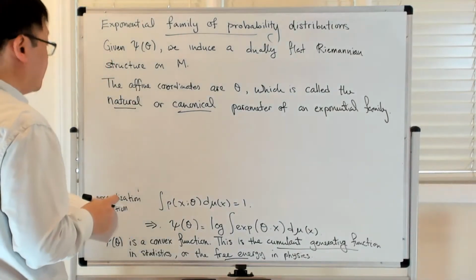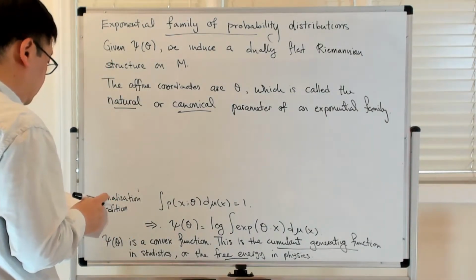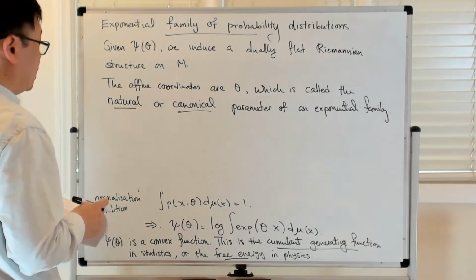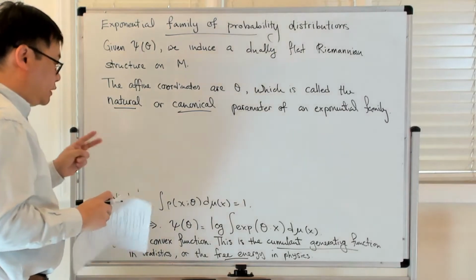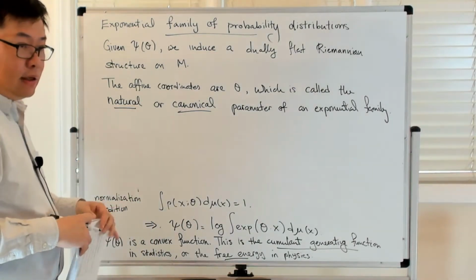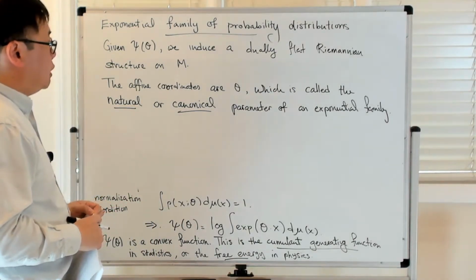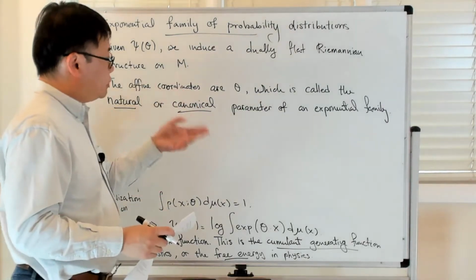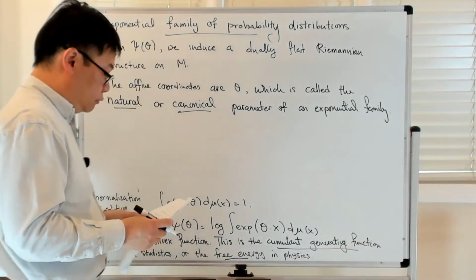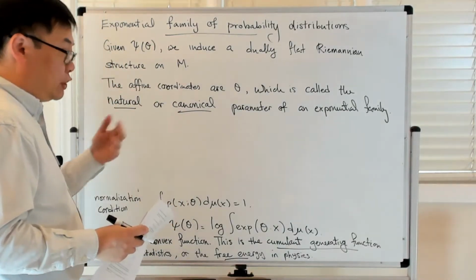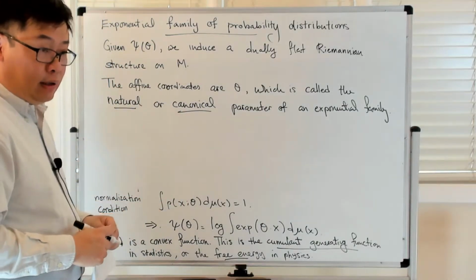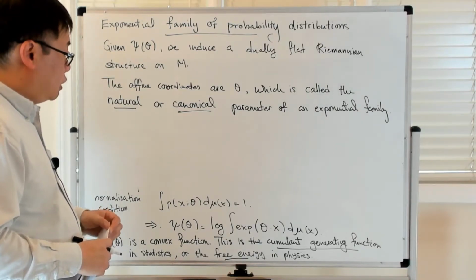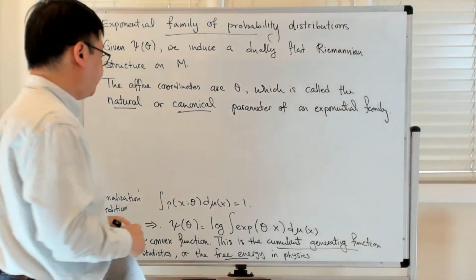Okay. So if you recall, there are basically two main things you use to construct an exponential family. There are these h_i which we had talked about, which are a family of linearly independent functions on the random variable space.